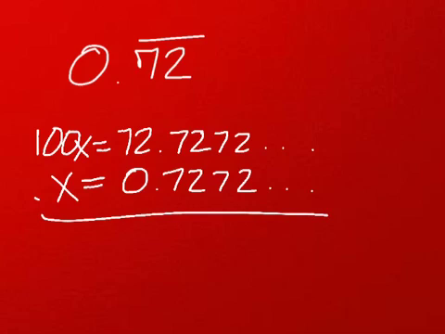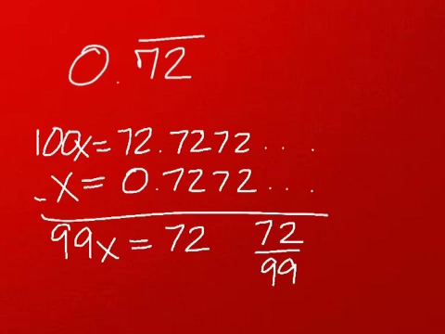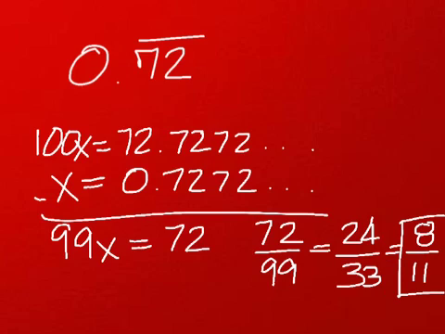When you subtract, you get 99x equals 72. That is indeed 72/99. If you divide both by 3, you get 24/33, but it can still be divided. 3 will still go into both of them. 8/11 should be the answer.